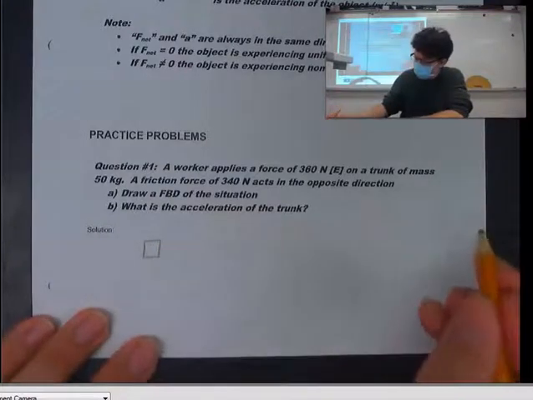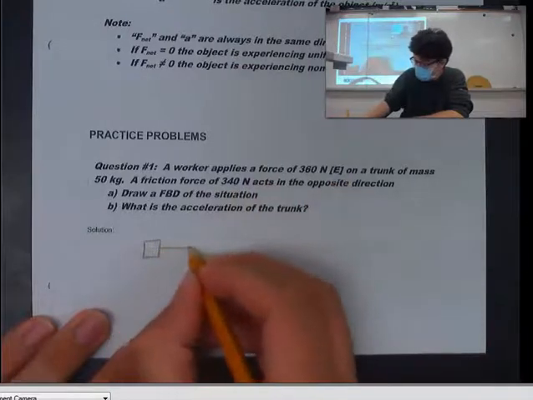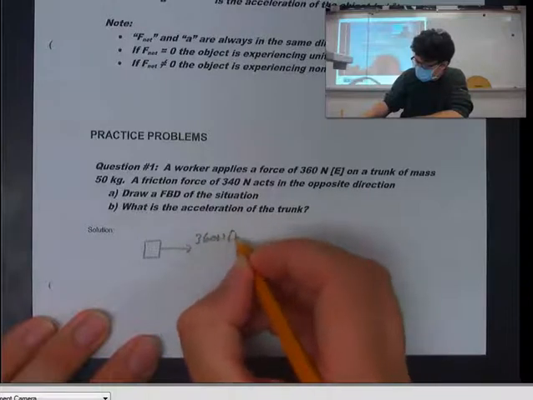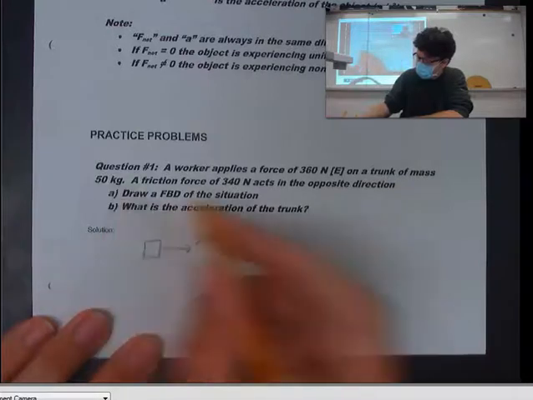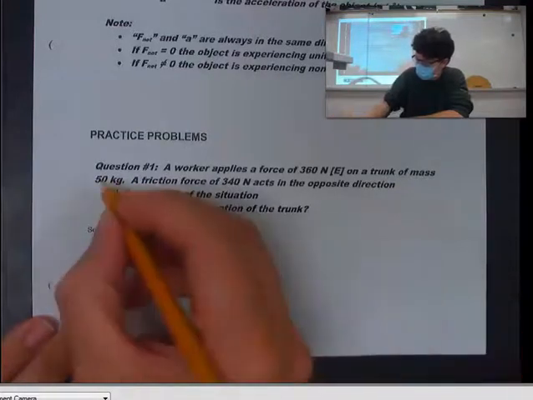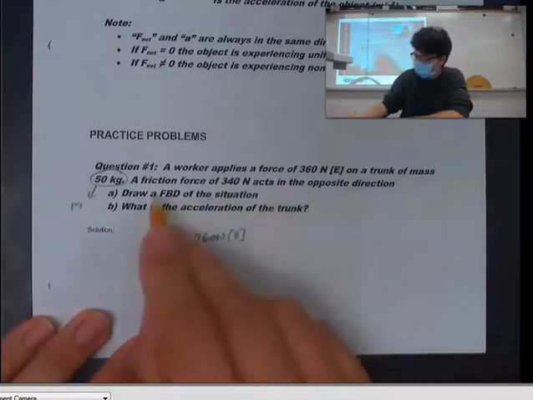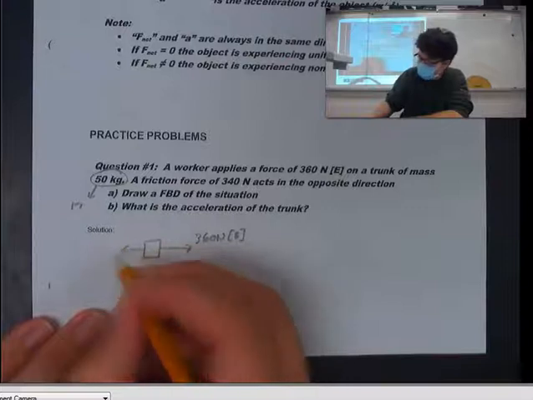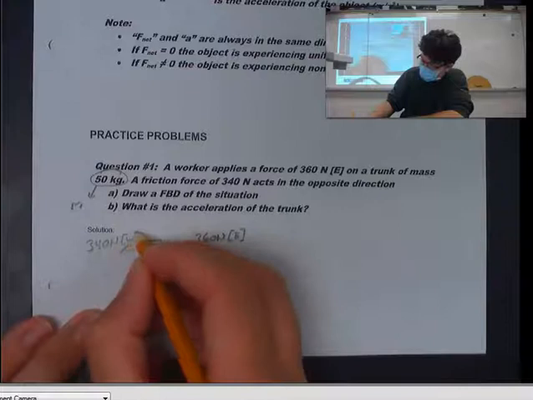Okay, so we have an applied force of 360 newtons east. And our mass is 50 kilograms. That we'll just remember, that's m. And a friction force of 340 newtons, and that would be in the opposite direction. Opposite of east would be west.